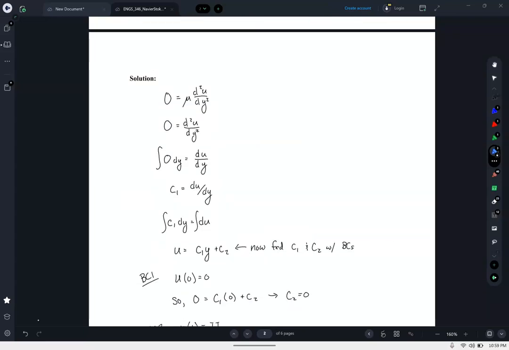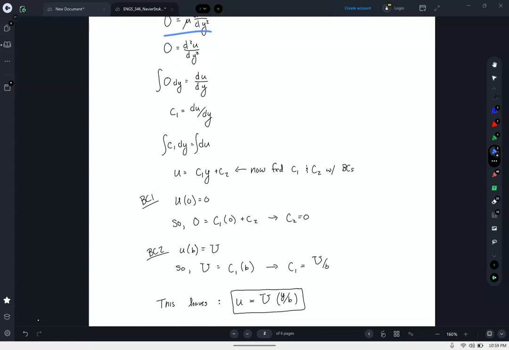We start with this simple second order derivative, the simplest one that there is. We can solve that by integrating twice. We get two constants of integration and this nice linear function.